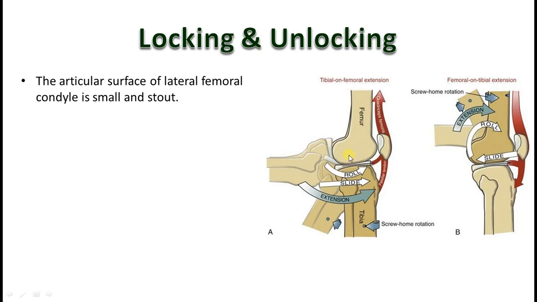Okay, so what happens is there is the femur which is spinning forward again around a transverse axis. Now because the lateral condyle is smaller and stouter, it reaches the anterior horn of the lateral meniscus earlier than the medial meniscus has reached.